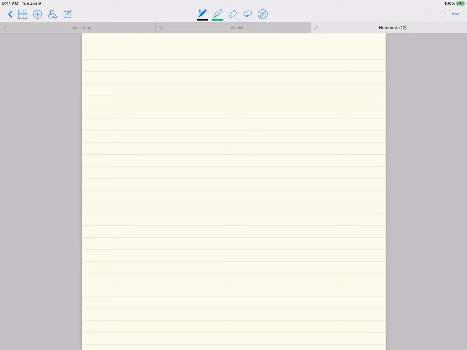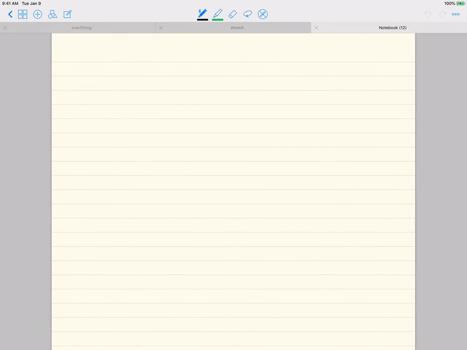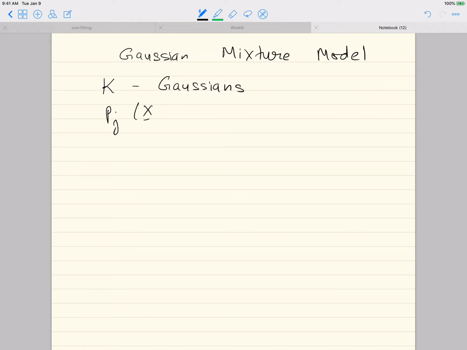So now, before the break, we introduced the Gaussian mixture model. So we have k Gaussians. Pj of x is Gaussian with mean mu j and covariance sigma j.